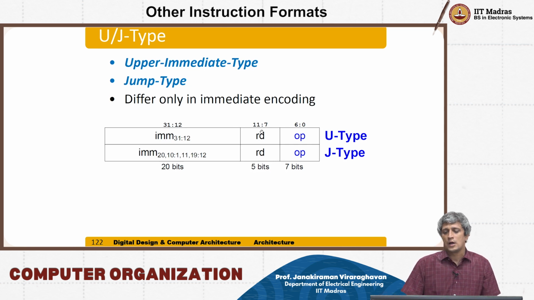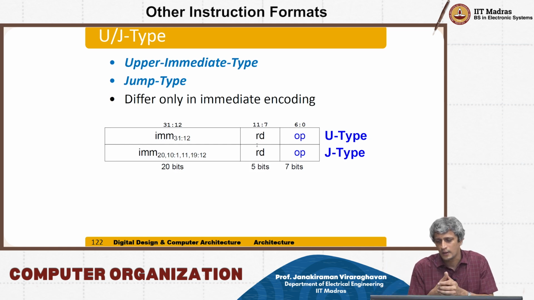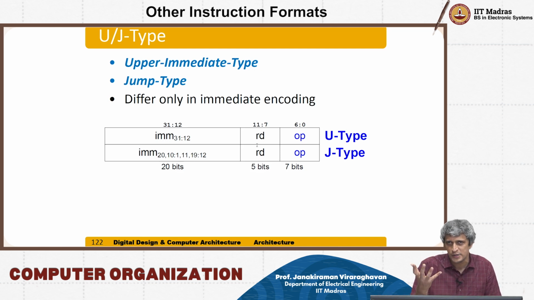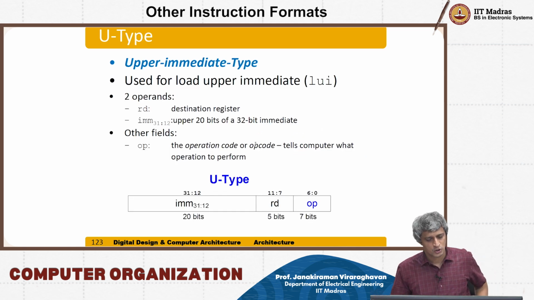Once I tell you the register and the immediate data, you are going to move it in there. That's all you are going to do with it. Therefore all you need is the destination register, 5 bits, and the opcode, 7 bits. That is 7 plus 5, 12. The remaining 20 bits are available for you to encode as this upper immediate data. So that is what is being done here.